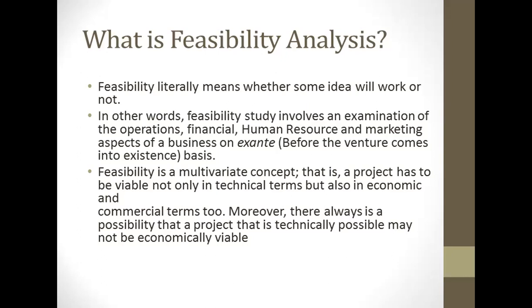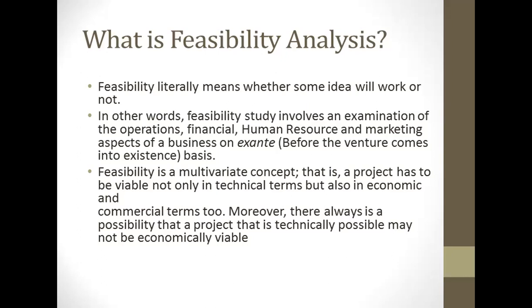Feasibility is a multivariate concept. That is, a project has to be viable not only in technical terms, but also in economic and commercial terms too. Moreover, there is a possibility that a project that is technically possible may not be economically viable.